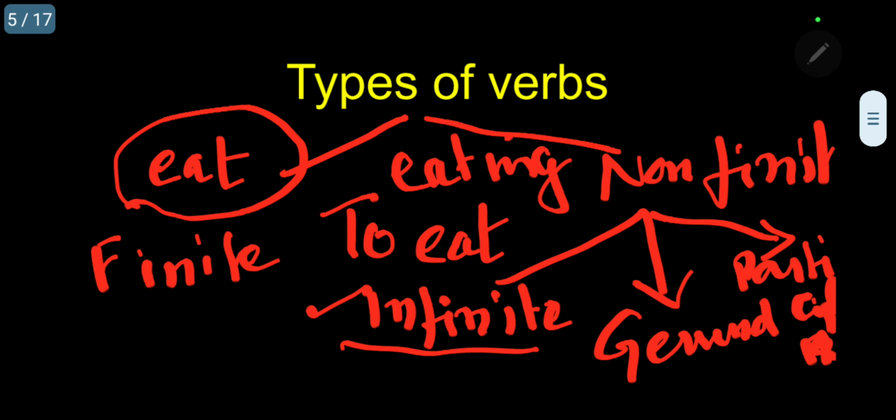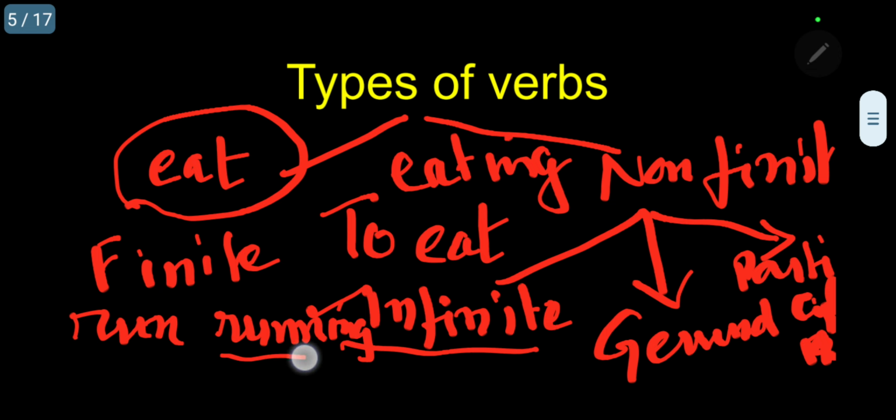A simple example: run. Suppose I want to convert it into gerund, I will write running, double N, ing. This is very, very important. It is not discussed in any grammar book. Please follow, it is my observation from the Oxford Dictionary. So there are three rules here.